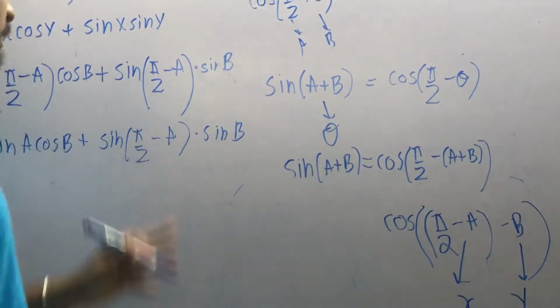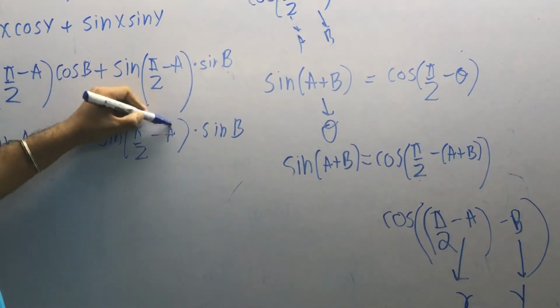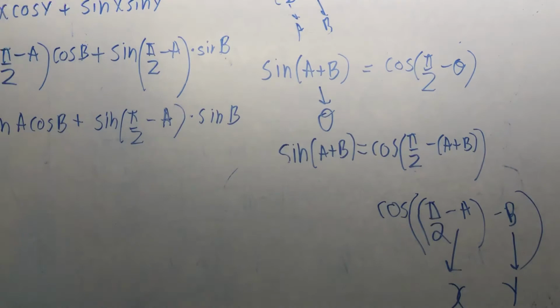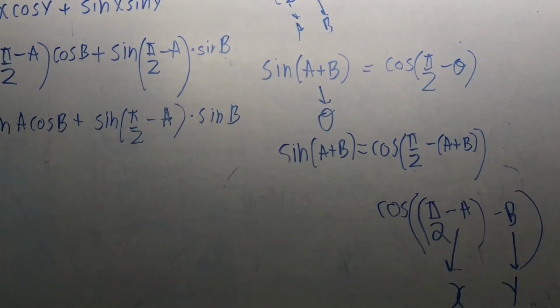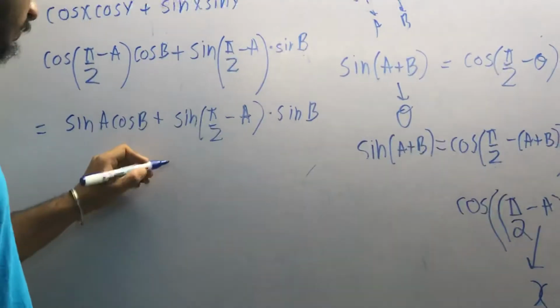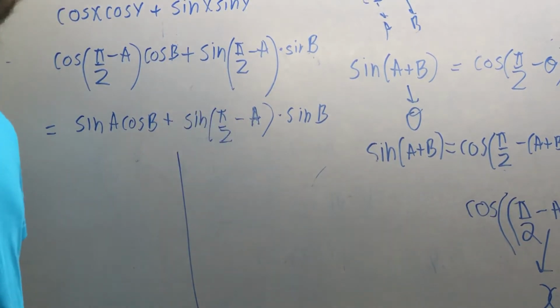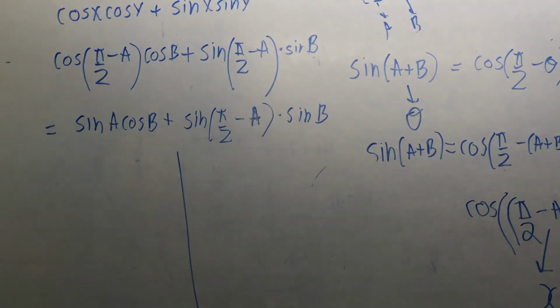Now you don't know how to find the value of sin pi by 2 minus a. We haven't even done the identity also. So we will use the concept we have seen in the last classes. Actually you can't derive the formula without knowing the value of sin pi by 2 minus a, and you don't know the formula also for sin a minus b.